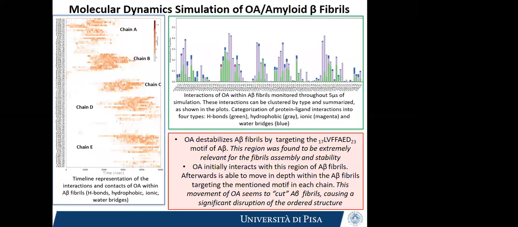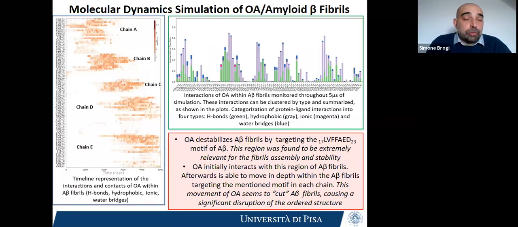In particular, the tail of the peptides, that is comprised by residues 39 to 42. This targeting is relevant since this region was found important for fibril assembly and stability.